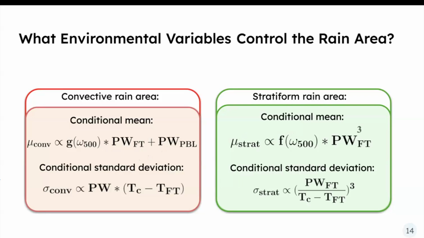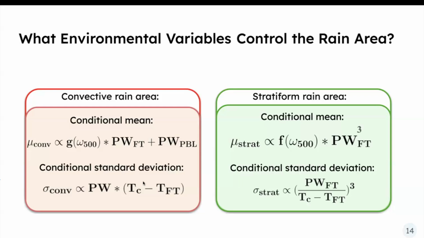For my variance, the model again picks PW, but it's interesting because it adds the boundary layer water vapor to the free tropospheric one, which means it is probably trying to figure out that the whole column water vapor matters for this variable.